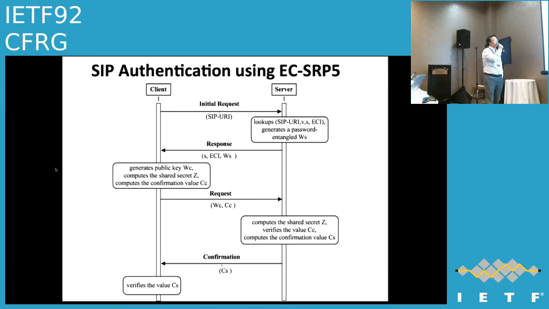The server uses the client's public key WC and his private key to compute the shared secret Z. After that, he verifies the value CC and computes the confirmation CS.